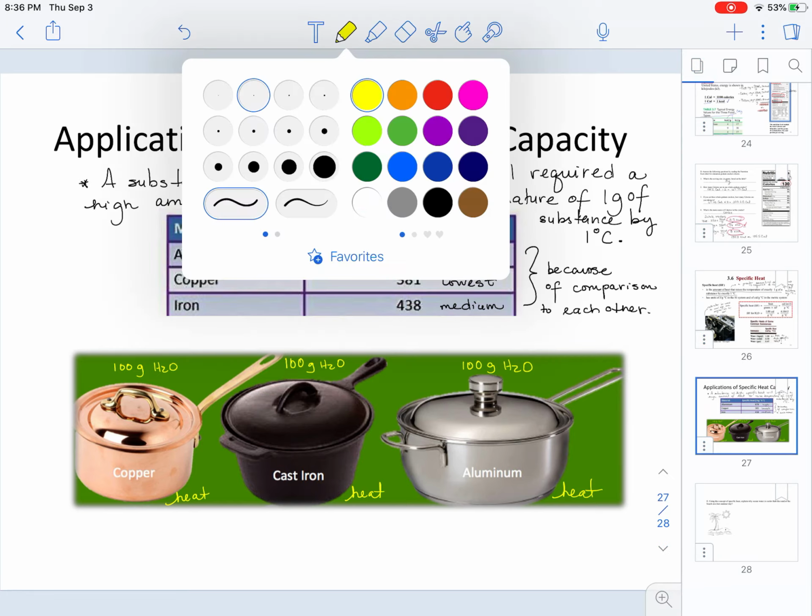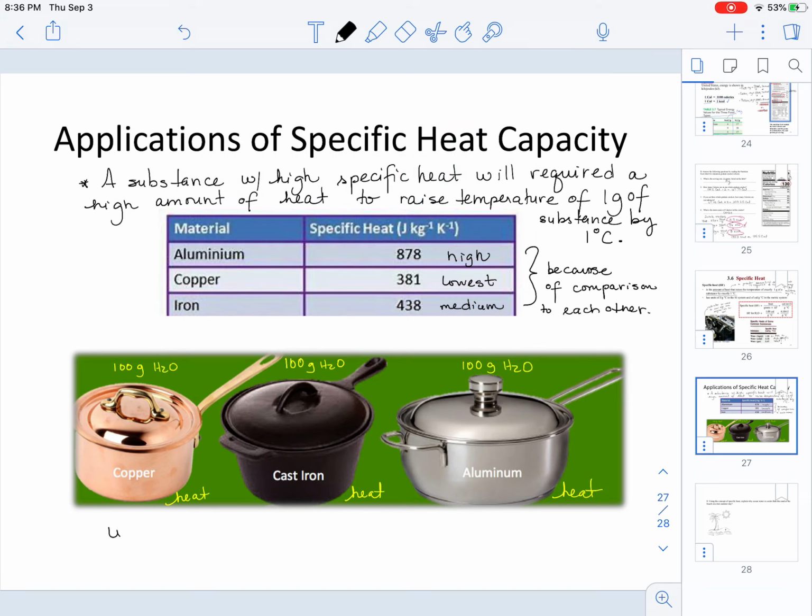Then I will propose a question to you guys. Which pot will boil water faster? And the answer to that would be the copper. Why? Because it has the lowest specific heat.